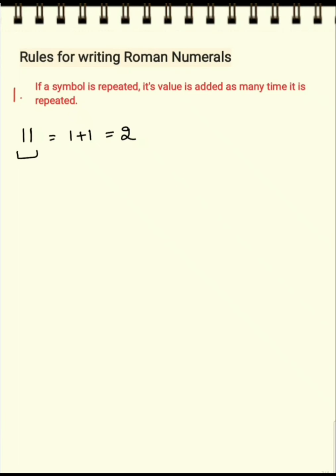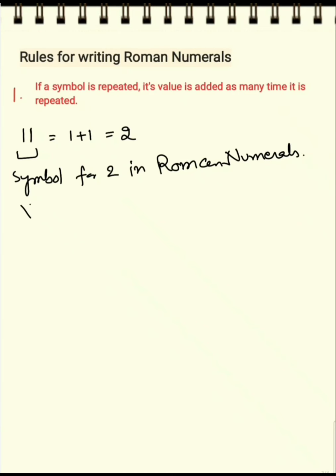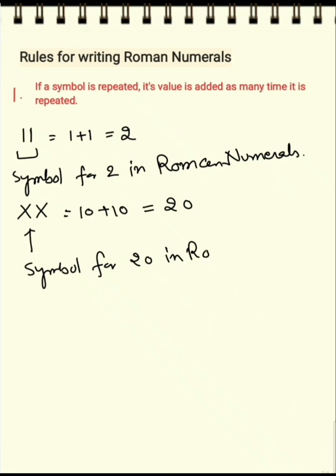So this is the symbol for 2 in Roman numerals. Similarly, if I write X twice, it will become 10 plus 10, which is equal to 20. And this is the symbol for 20 in Roman numerals.